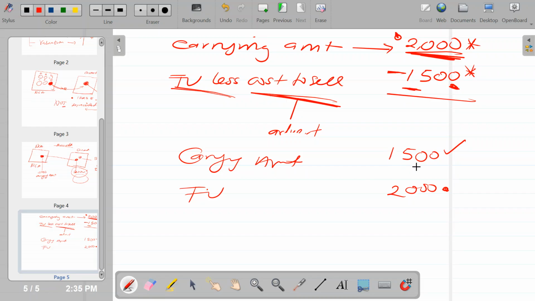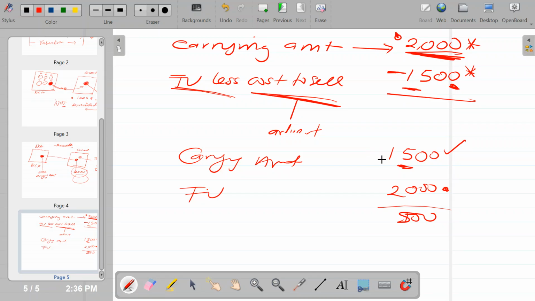It means that this carrying amount of 1,500, we have even brought the value down, which means if we sell it, we are going to get a profit of 500.